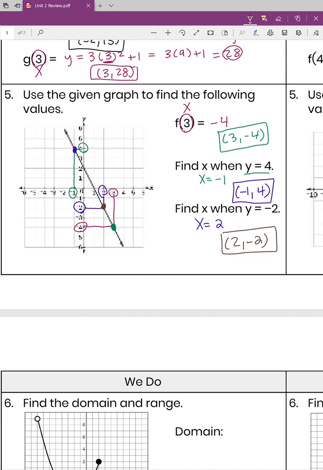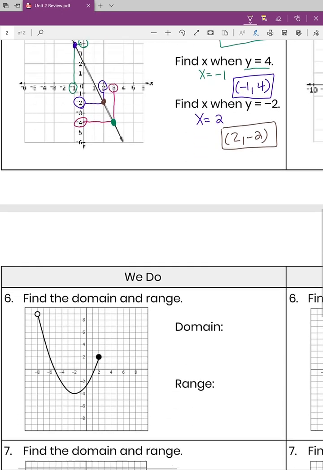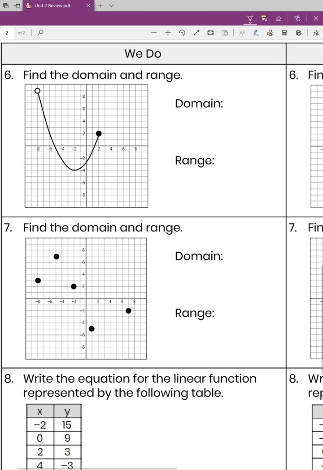Let's look at number 6. Number 6 says find the domain and range. So right here, we notice that this is a continuous function because we have dots that are connected with a line. So remember, on continuous functions, we have to use the inequalities.